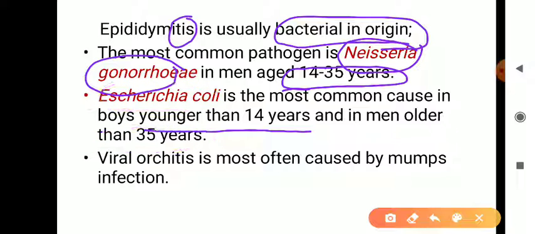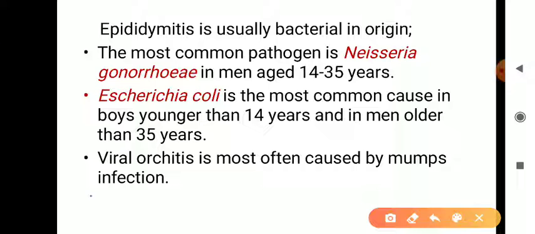Viral orchitis is most commonly caused by mumps infection.